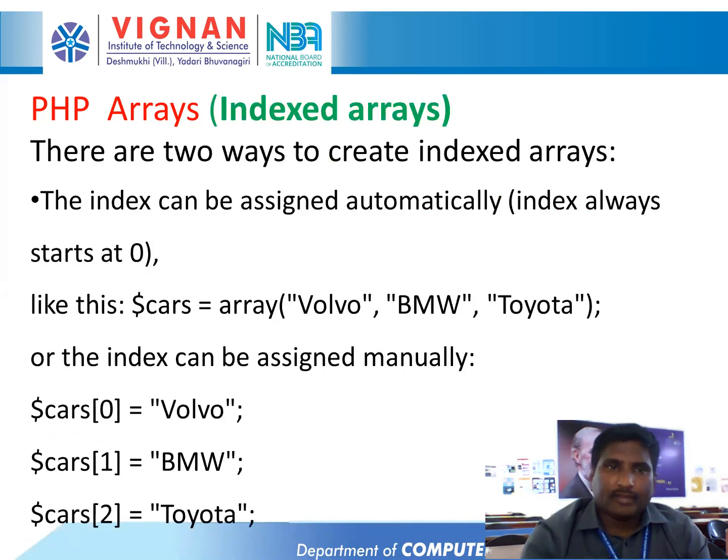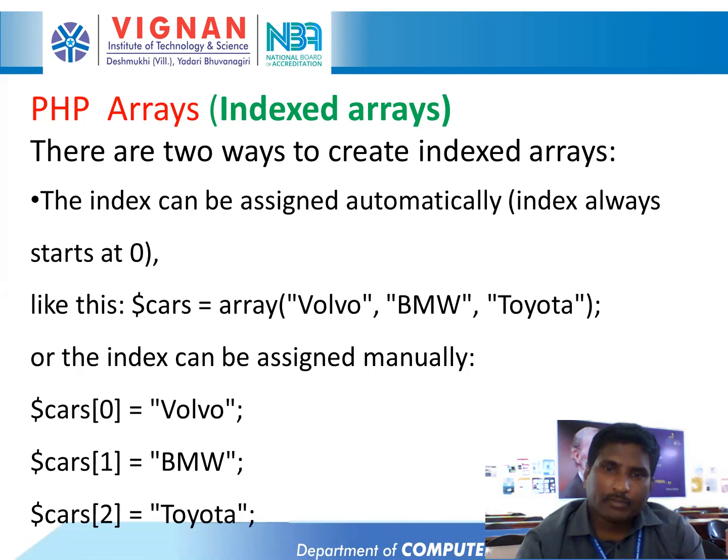PHP indexed arrays. There are two ways to create indexed arrays. The index can be assigned automatically. Index always starts at 0. This we already know: even in C, C++, Java, the index starts from 0 only. Here the example: $cars equals array. We are creating an array, and the value will be stored in cars.